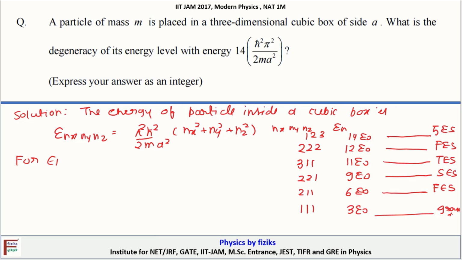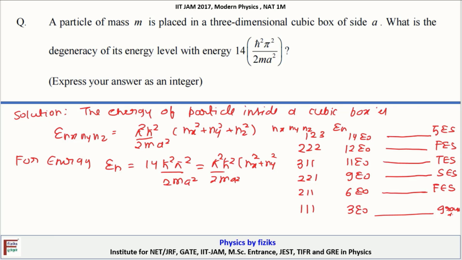So for energy En equals 14ħ²π² by 2ma², that is equal to π²ħ² by 2ma² into nx² + ny² + nz², so nx² + ny² + nz² equals 14, which implies nx, ny, nz is 1, 2, 3.